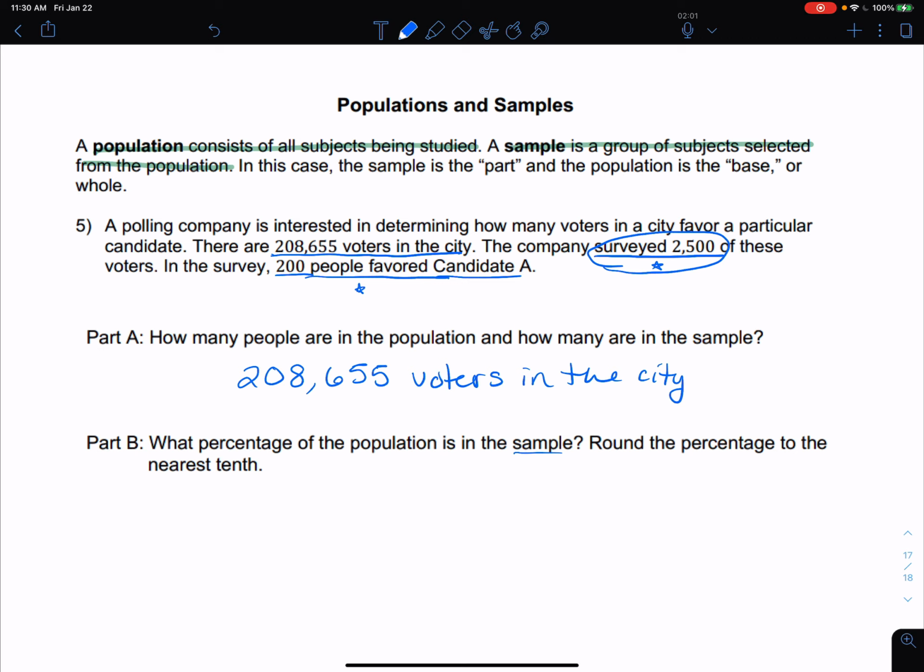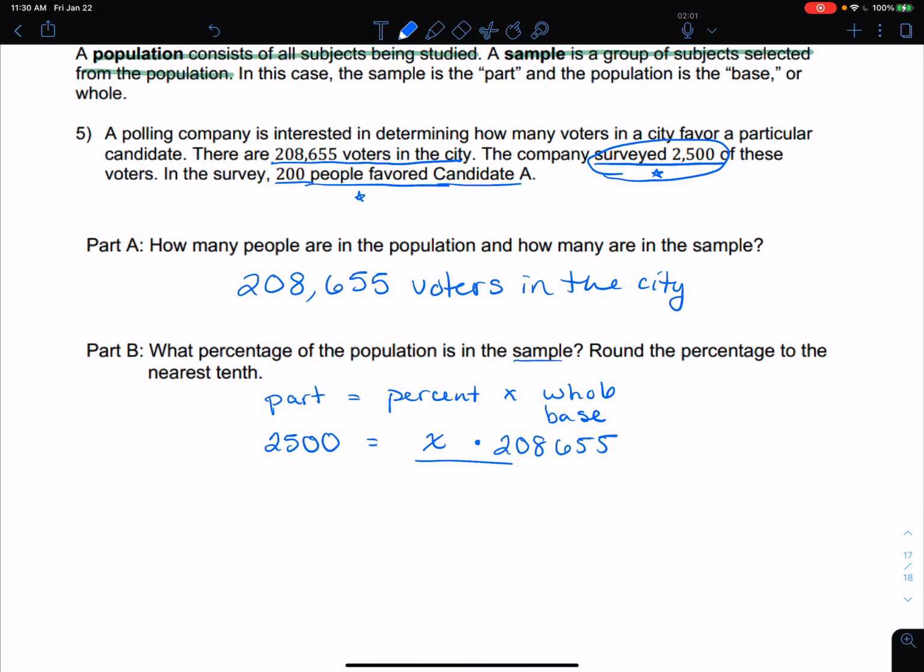So if we think about that equation we talked about, right, we said the part equals the percent times the whole, or times the base. So the part was the survey, the 2,500. We don't know the percent, that's what we're trying to find. And the whole was the 208,655. I need to undo that multiplication to solve this equation, so I'll divide both sides.